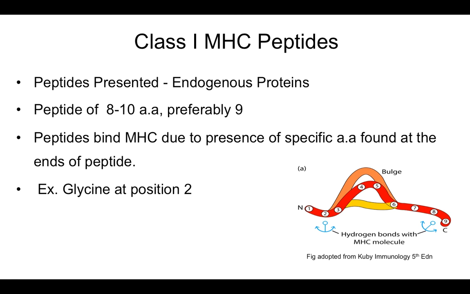For example, in this figure that is adopted from the book of Immunology by Kuby, the 5th edition, it shows that glycine that is present at the second position in this chain and another amino acid present at the 9th position of the chain are hydrophobic in nature. Right? And these amino acids are the ones that bind to the amino acids that are present in the peptide binding cleft, and the binding may lead to the formation of a bulge because of the size of the peptide binding cleft.